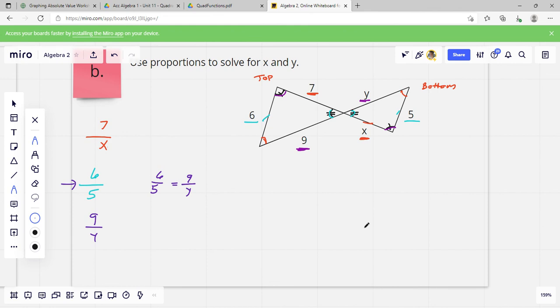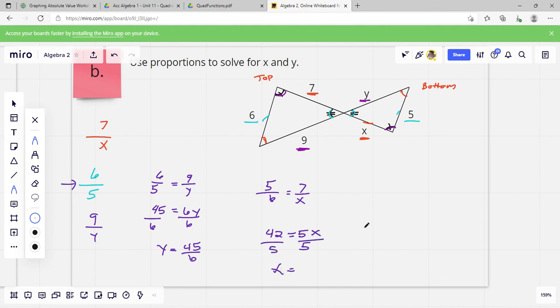Cross multiply, 9 times 5 is 45, equals 6y. Divide by 6. Y equals 45 over 6. We could do that for the other one. 5 over 6 equals 7 over x. 6 times 7 is 42, 5x.